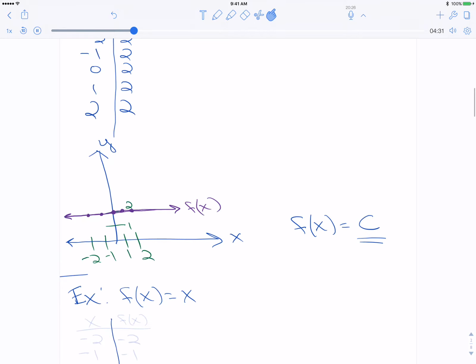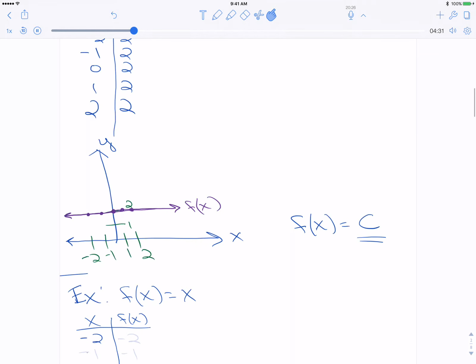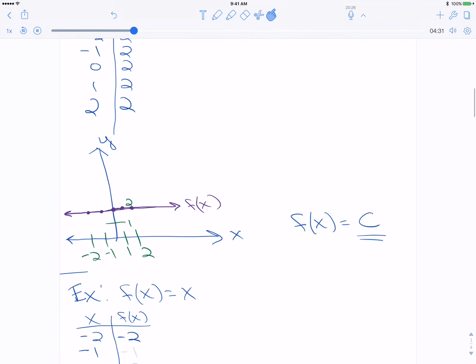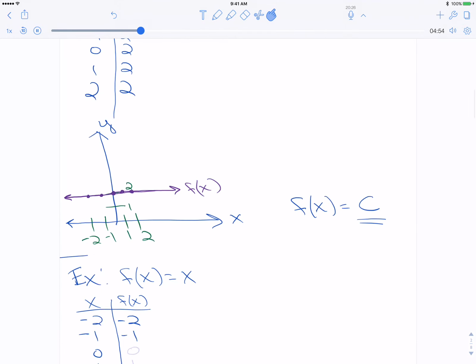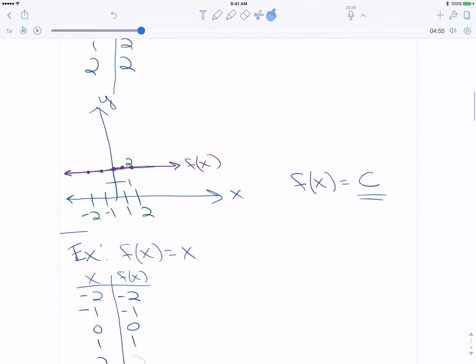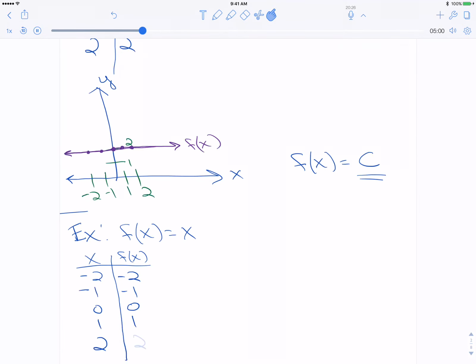So if I build my data table for x and f of x, then if I want to go from -2, -1, 0, 1, and 2 again, when I put in my x values, then f of -2 is equal to -2. F of -1 is -1. F of 0 is 0. F of 1 is 1. F of 2 is 2. I get exactly the same thing back out.